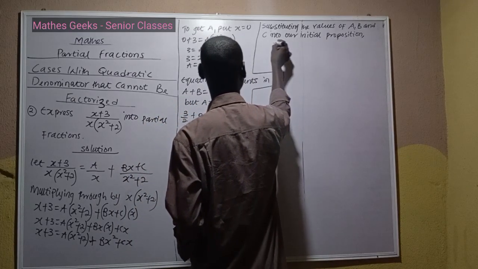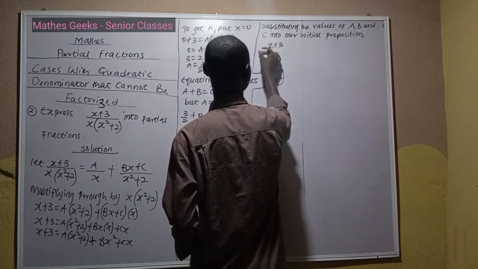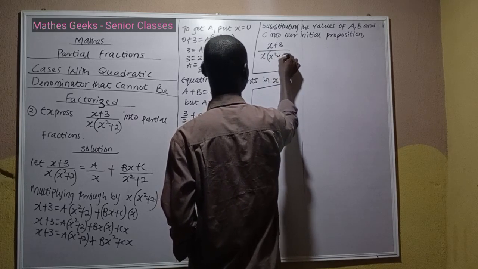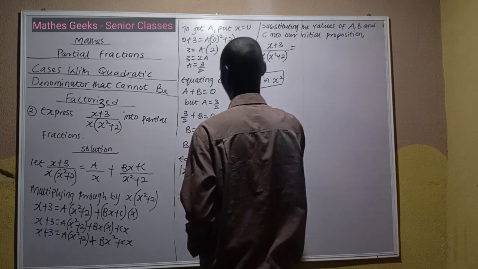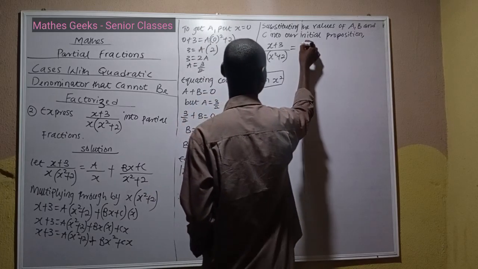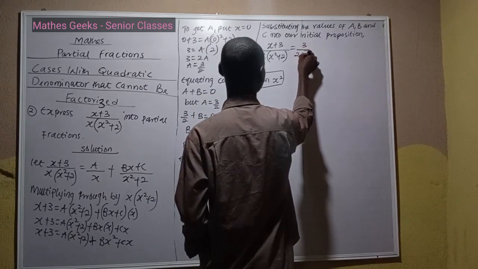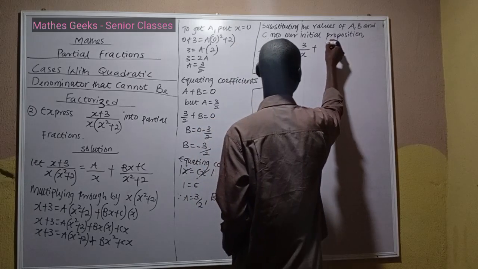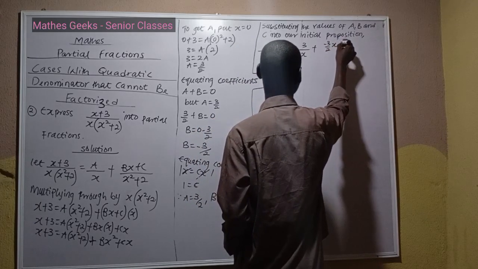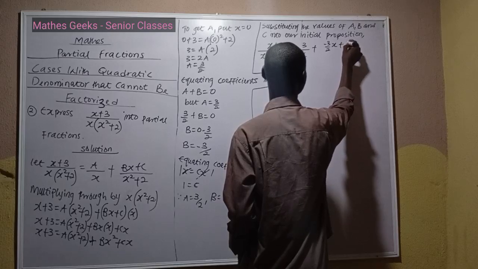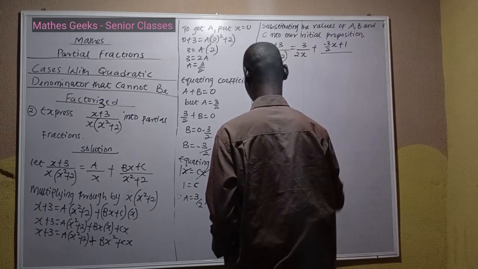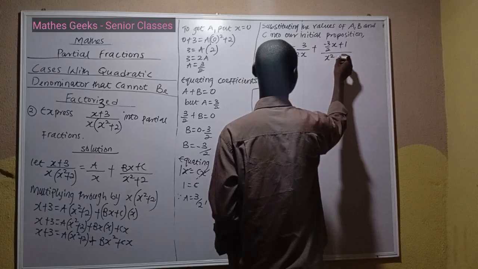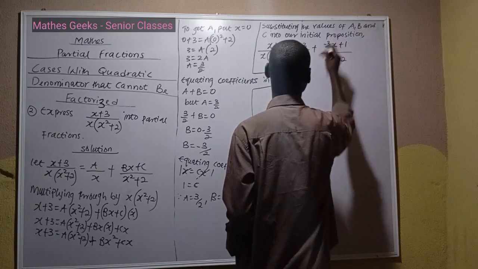So x plus 3 over x times x squared plus 2 is equal to, so our e is 3 over 2. This is 3 over 2x plus, for b it is minus 3 over 2x plus c, which is 1, over x squared plus 2. So let's simplify this part.